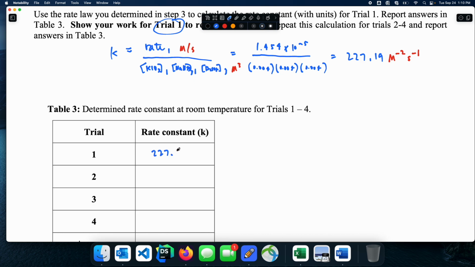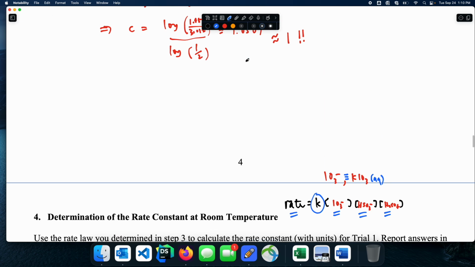227.19. Okay. And then in order to do the rate constant for trial 2, I'm going to switch out the rate for trial 2 and then one of the reactants. I think this was the one that went to 0.08. So I'm going to get that handy.